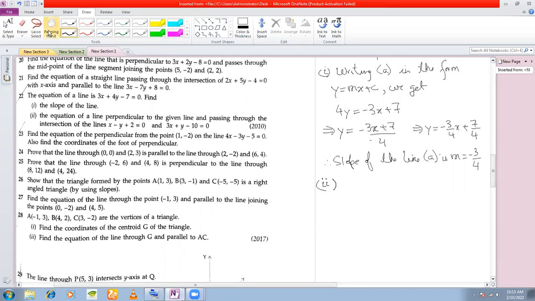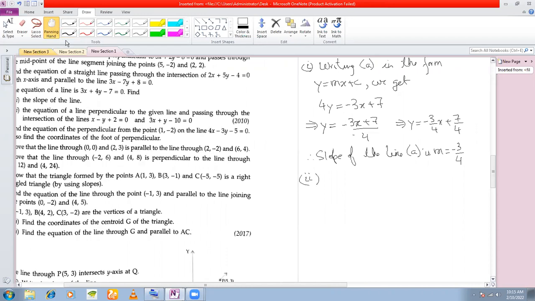Now, what does this mean? You need to find the equation of such a line which passes through the point of intersection of these two lines. That means this dotted line.